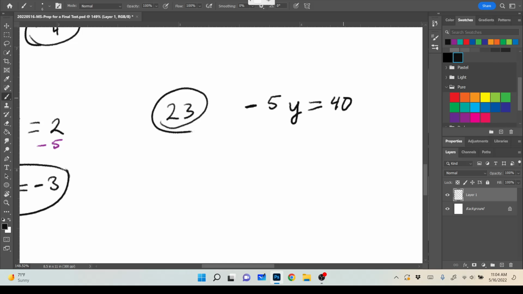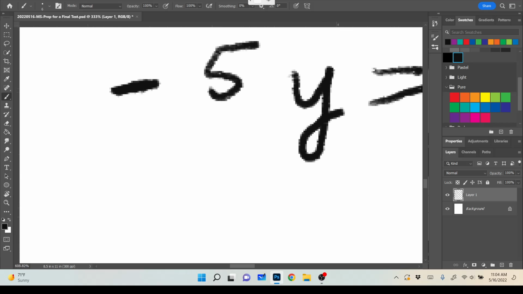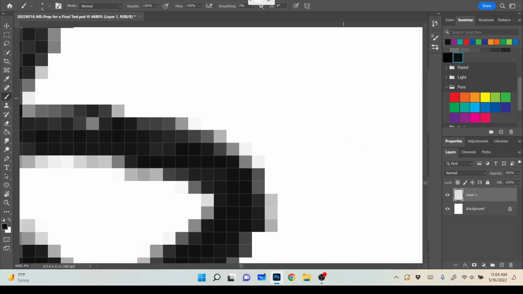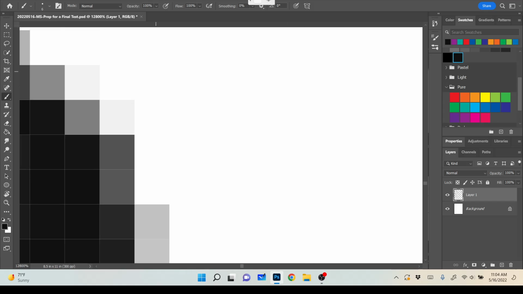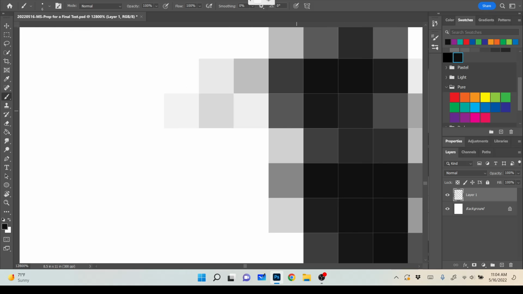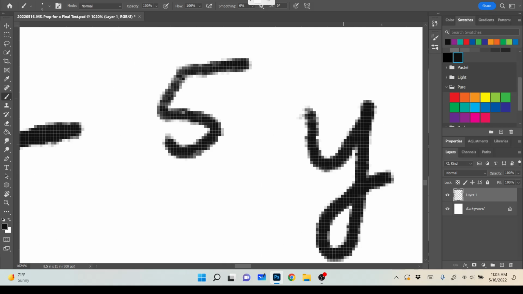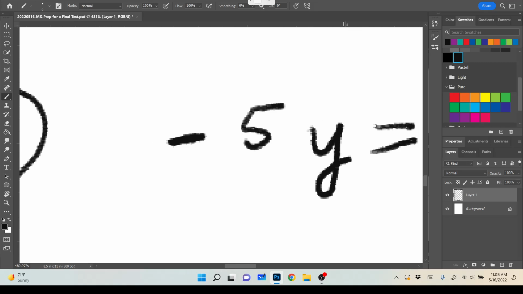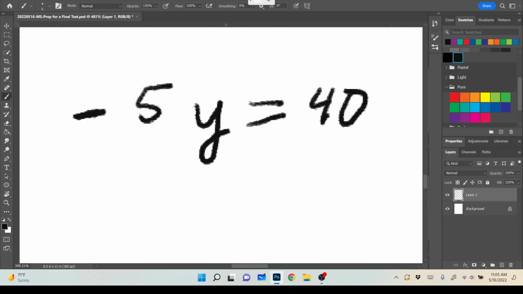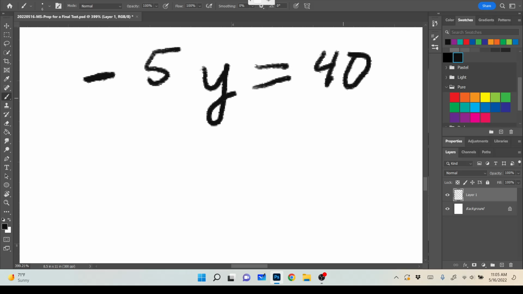What would we do with that? We would not add 5. That's a lie. And so what would we do? Minus 40. We would not minus 40 either. That's also a lie. Divide 5. If we've got a number right next to a variable, they're multiplied. So what's the opposite of multiplying? Division.